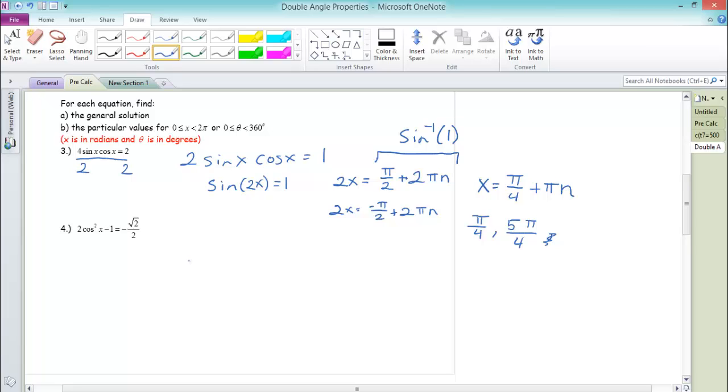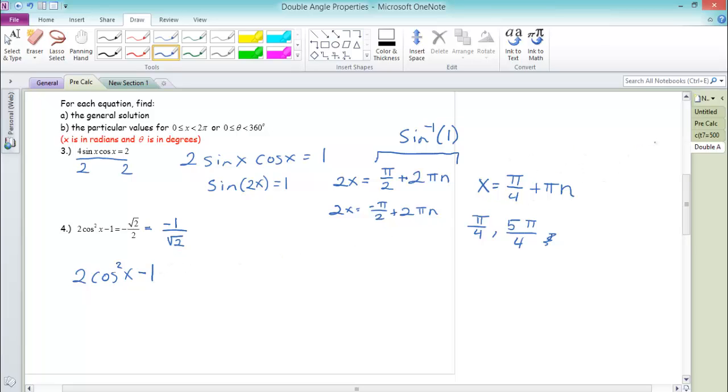Okay, now for number 4, we have 2 cosine squared x minus 1 is equal to negative root 2 over 2. I'm going to call to your attention, like I've done before in class, that they rationalized this denominator, and Mr. G and I agree that we don't like rationalized denominators. So I'm going to unrationalize it. That'd be negative 1 over root 2. So 2 cosine squared x minus 1 is equal to negative 1 over root 2.